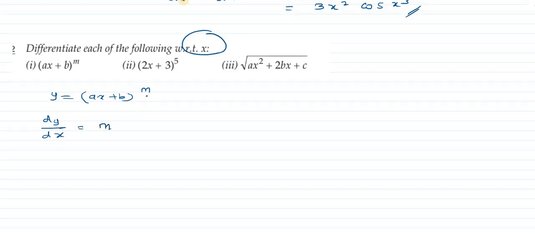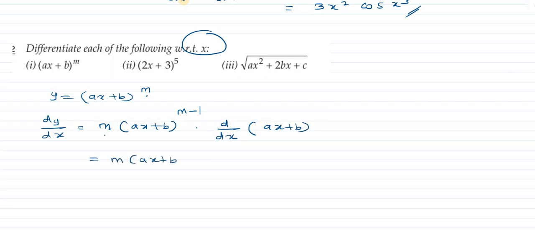When I differentiate with power, I will not worry about inside function. I will write as it is. So m into ax plus b to the power m minus 1. Is it done? No, right? Because whenever instead of x function comes, I need to differentiate the function. So d by dx of ax plus b. So it is m ax plus b to the power m minus 1.